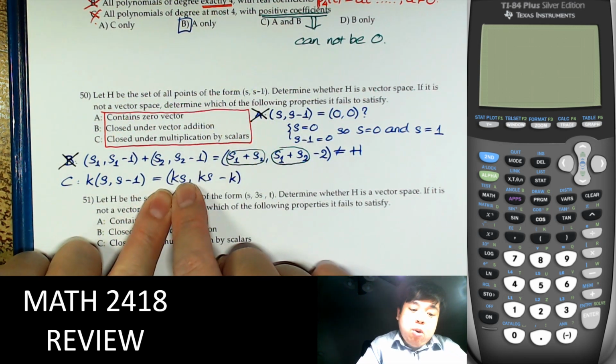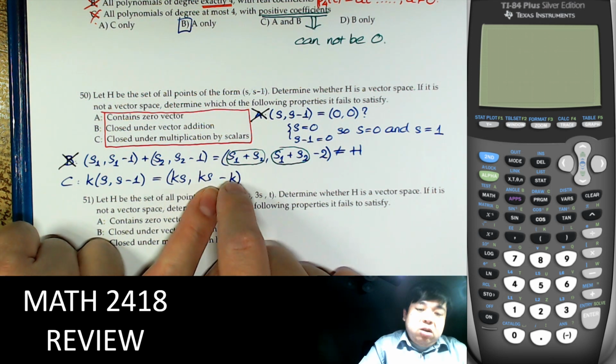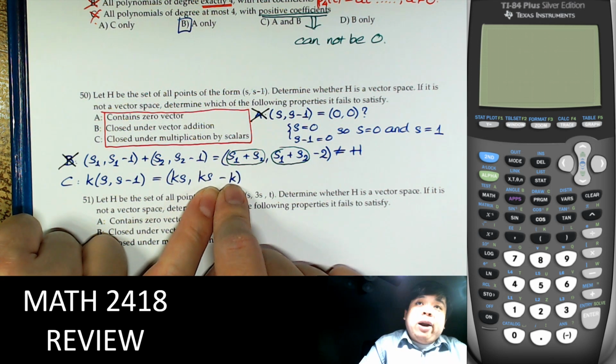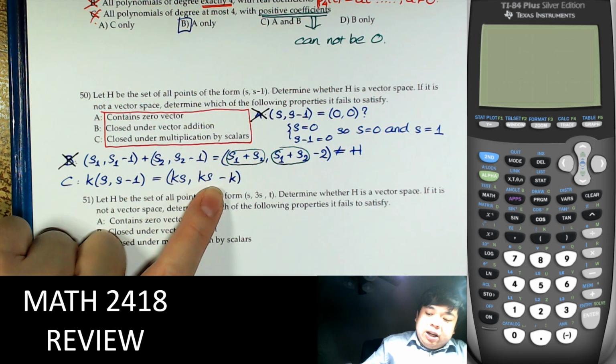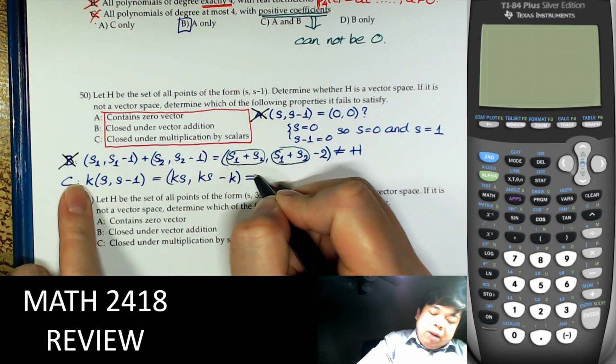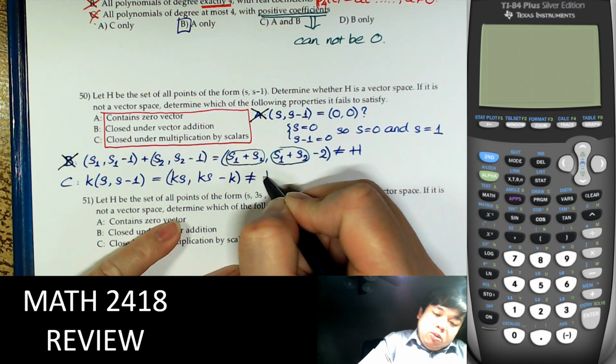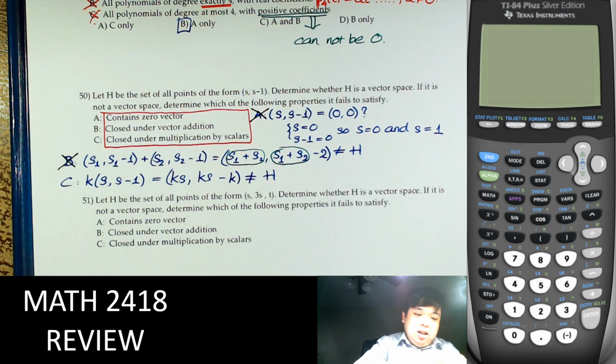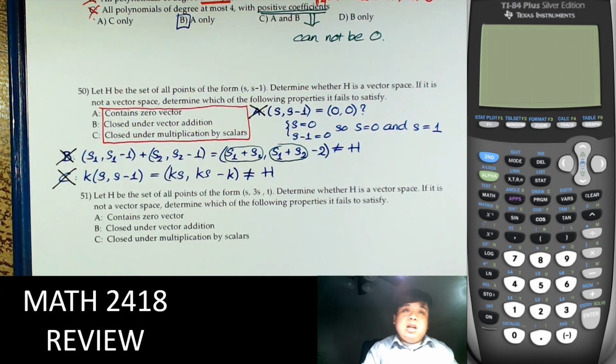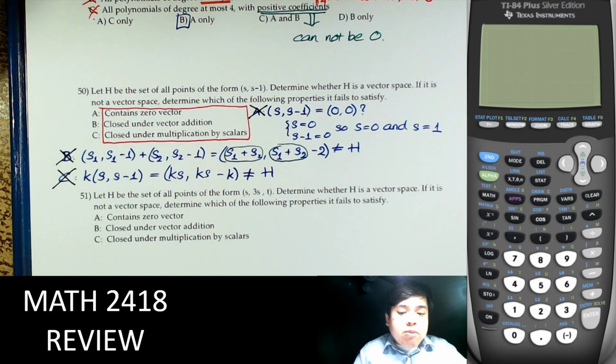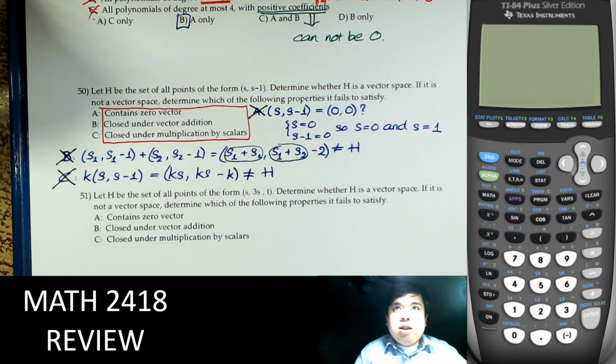We want the first component, and then the first component minus 1. This is minus K. So once again, the result after multiplying by K is not in H anymore. Because of that, it fails this property as well. So we say that H is not a subspace, or it fails all of these properties.